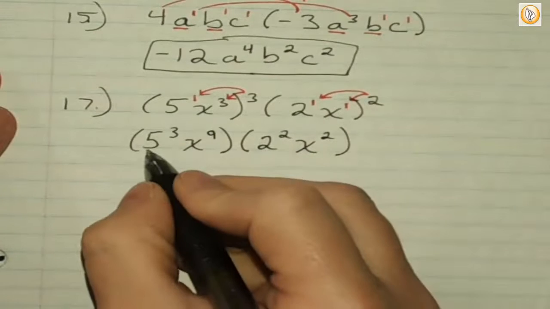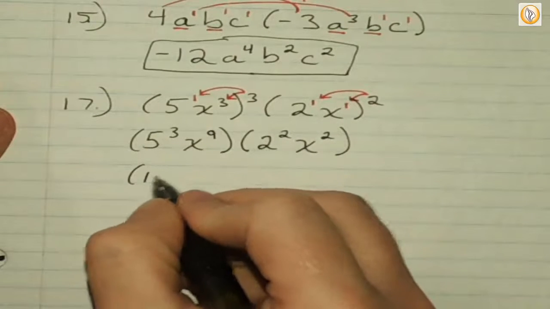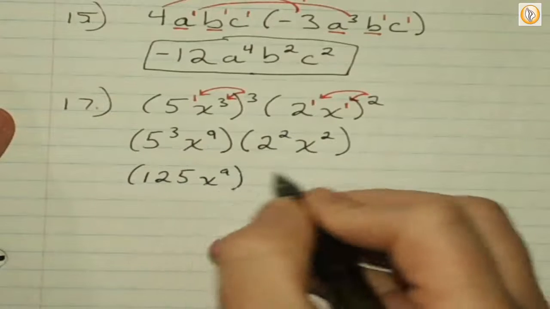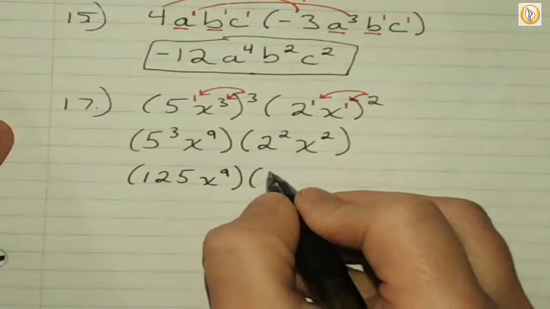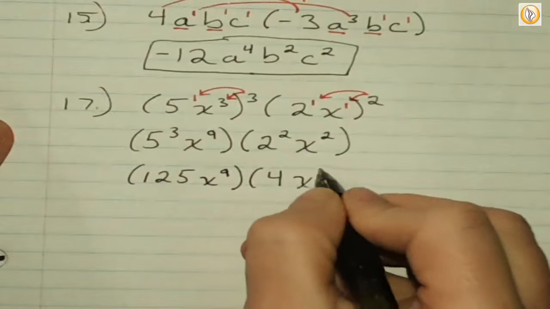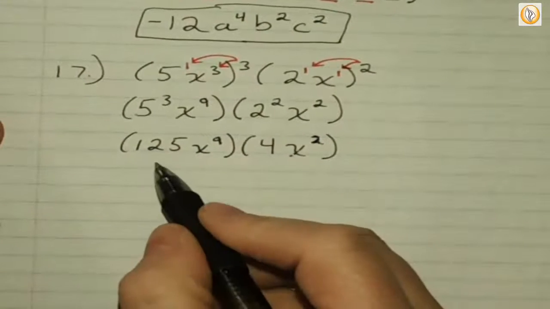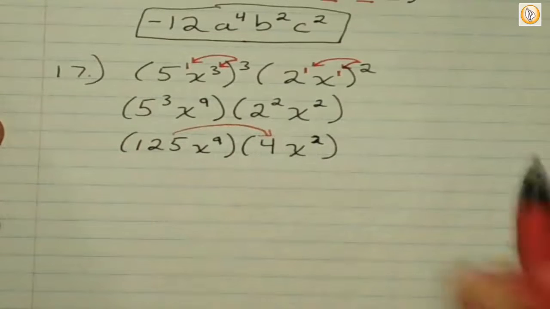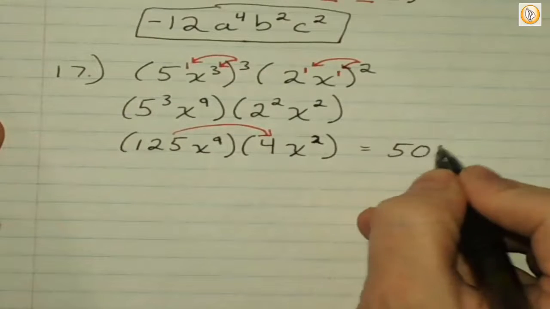Now, Aiden, what is 5 to the power of 3? 125. X to the power of 9. What is 2 squared? 4. 4x squared. 125 now times 4. 500.